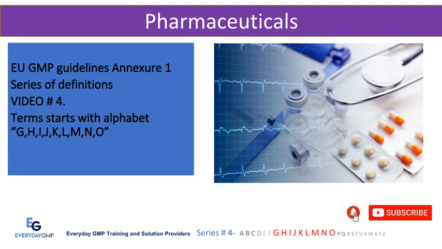In this comprehensive video series, we will demystify the definitions used in the EU GMP Guidelines Annex 1, breaking down complex concepts into easily digestible explanations. Unlock the language of pharmaceuticals and dive into the core terminology that shapes the industry. Join us on this educational journey to understand the key definitions that ensure precision and quality in pharmaceutical manufacturing.